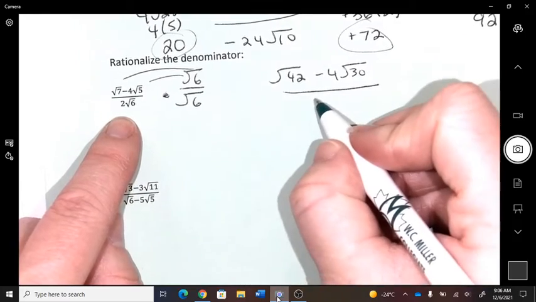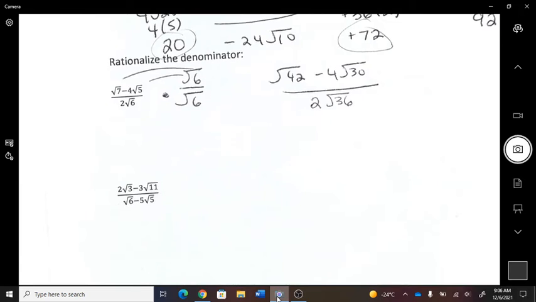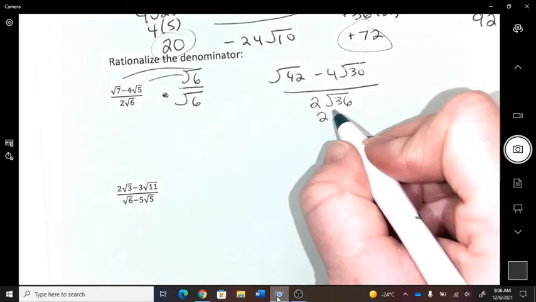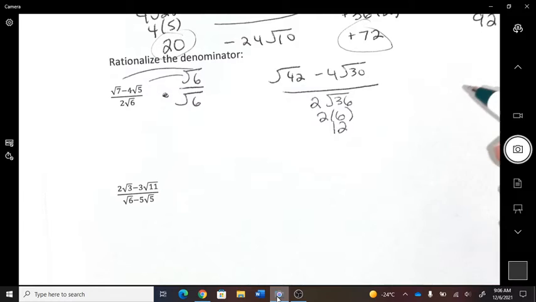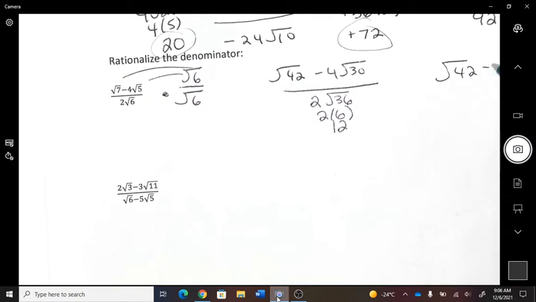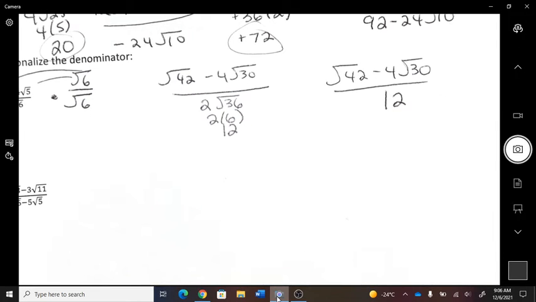And on the bottom, it's a 2 and a root 36. So this is 2 times 6, which will be the number 12. So when I have that, my bottom is not going to have any radicals in it whatsoever now.